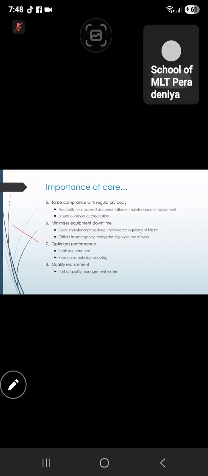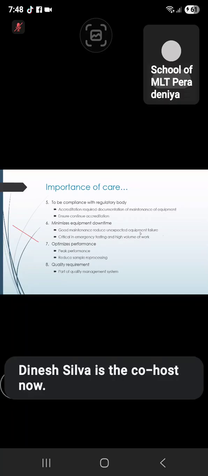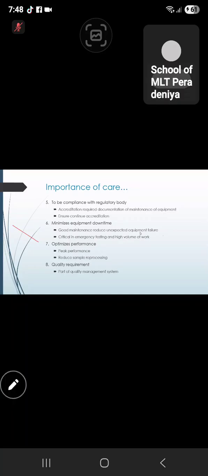These are very important points when we consider the maintenance of equipment. So there are about 8 points, 8 reasons for the importance of maintaining the equipment.